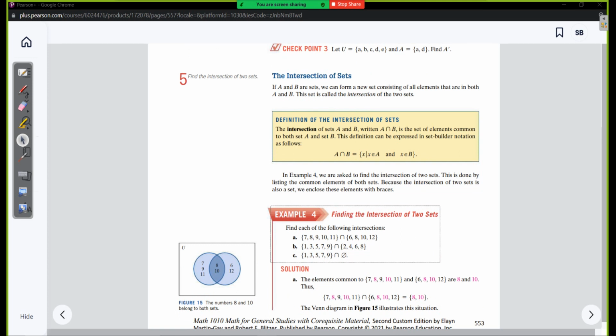All right, so the intersection of two sets again are the elements that appear in both sets. So let's rewrite these to make them a little bit larger so I can do some crossing out. So 7, 8. I guess I could just make it super large.